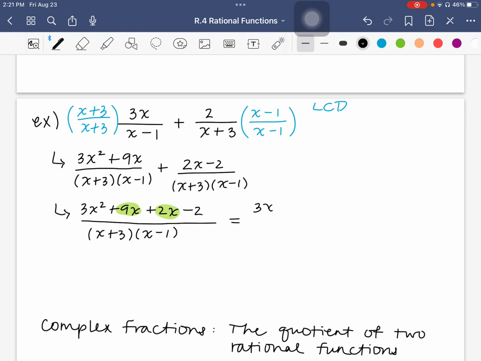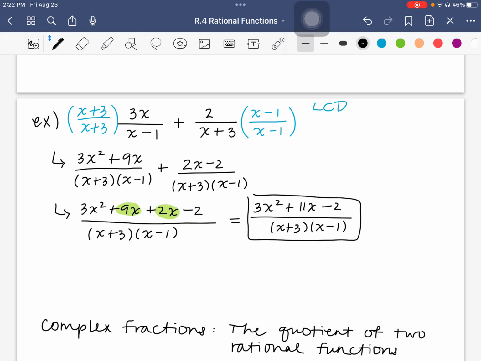So we get 3x squared plus 11x minus 2 all over x plus 3 times x minus 1. So that's how you would add rational expressions. We just first want to make sure that we have the least common denominator and then go from there. And we can't factor this. This is the most simplified form, and that's fine to leave our answer like this.